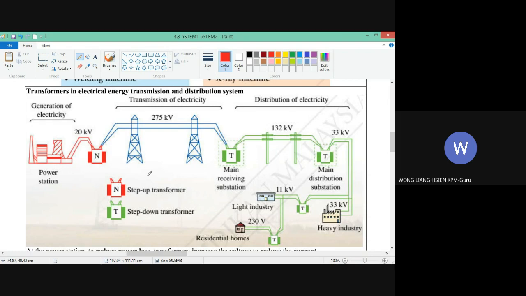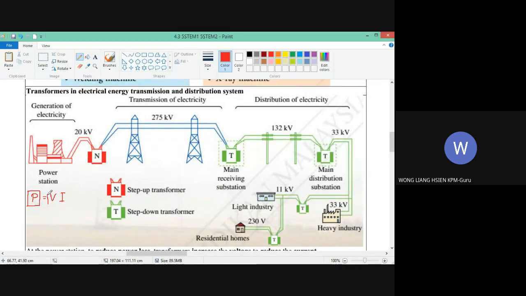electricity can be distributed over very far distances. Why? Because when we step up the voltage, power equals voltage times current. We already discussed that for a transformer, the power in the secondary coil is fixed.